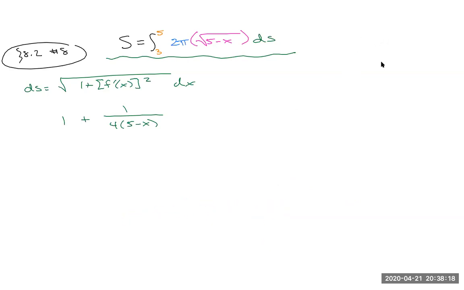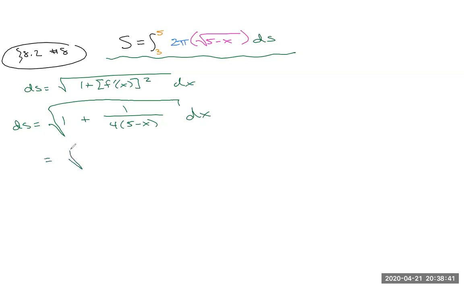Okay, so ds is equal to, we have square root of all this stuff times dx. And then we're going to combine these into one fraction.